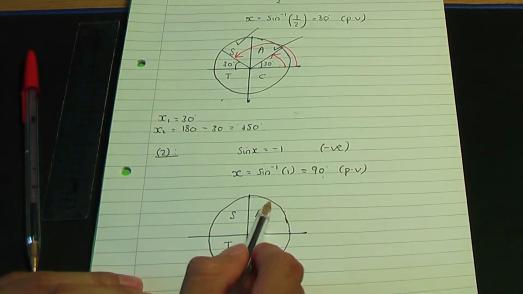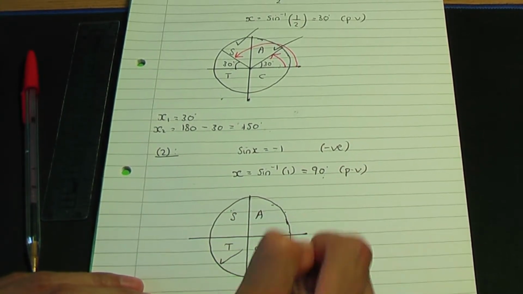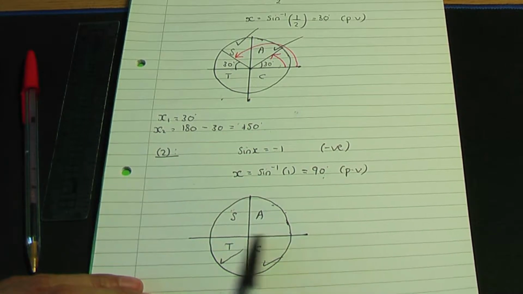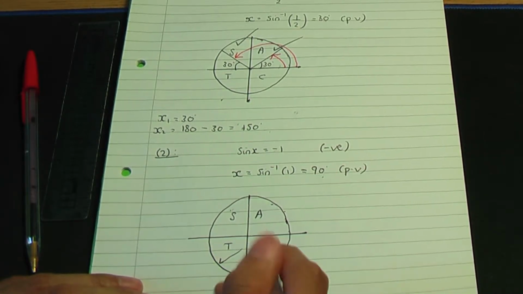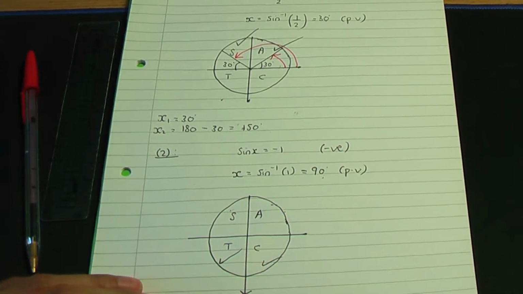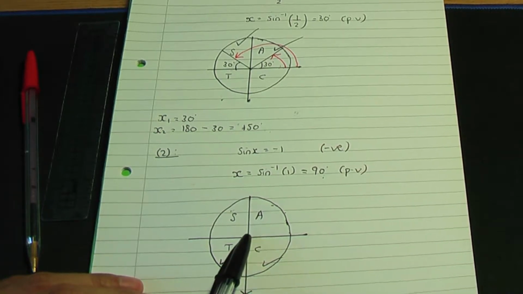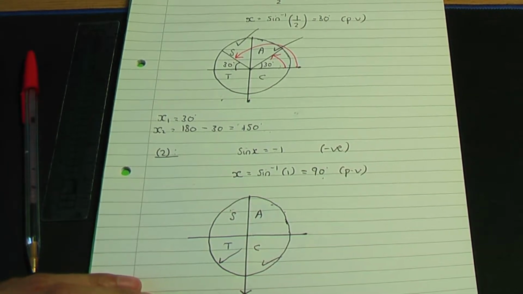Sine is positive in the first two quadrants. Sine is negative in the remaining quadrants, quadrants 3 and 4. And we plot our angles from the horizontal. So in quadrant 3, 90 from the horizontal is this line here. And in quadrant 4, from the horizontal again, 90 from the horizontal, this line again here.